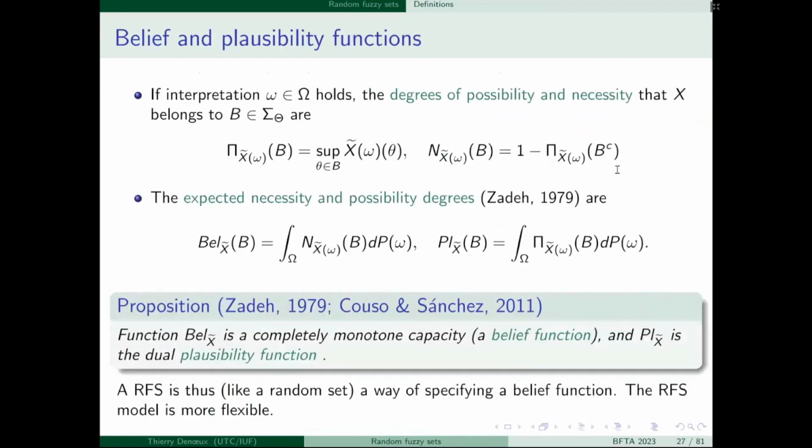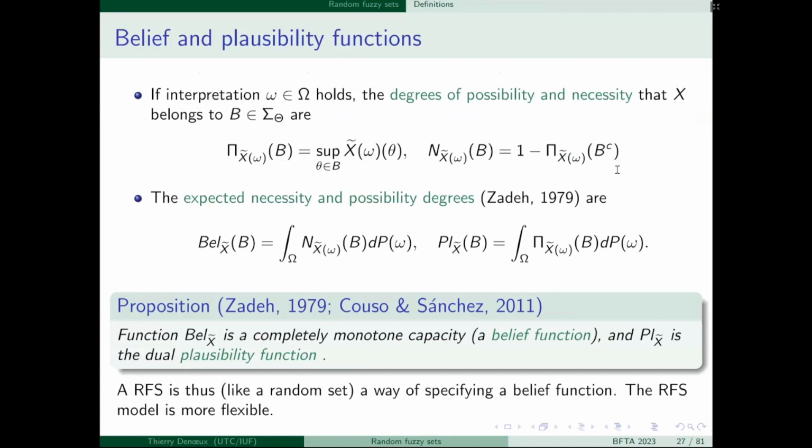So now we can take the expectation with respect to the probability measure on omega. So we can define the expected necessity of B. We take the expectation of these necessity degrees, and we call it Bel of B. And we can define the expected possibility of B, and we call it the plausibility of B. And it can be shown that this function Bel is a belief function.